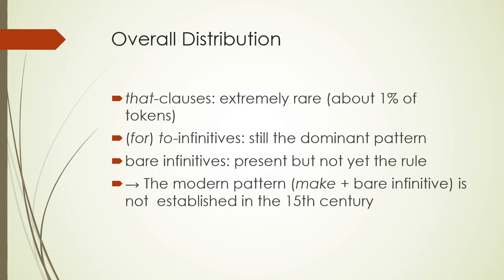Thirdly, bare infinitives do appear, but they are still a minority pattern in most texts. So contrary to what we might expect from present-day English, the pattern make plus bare infinitive had not yet become the usual option in the late Middle English period.